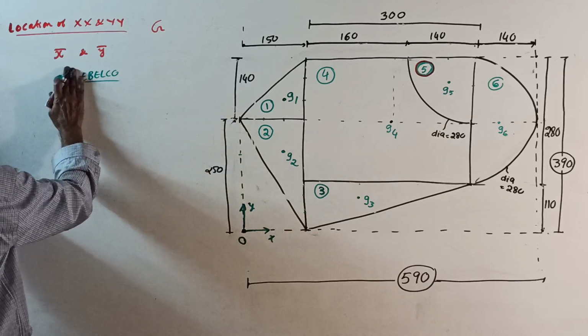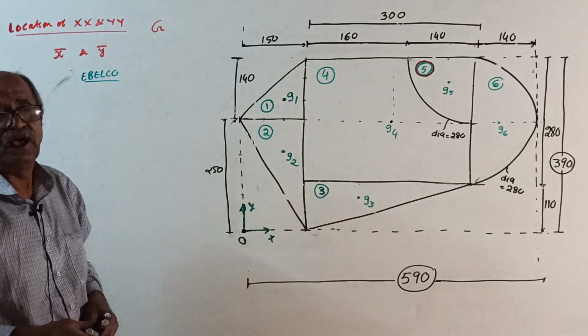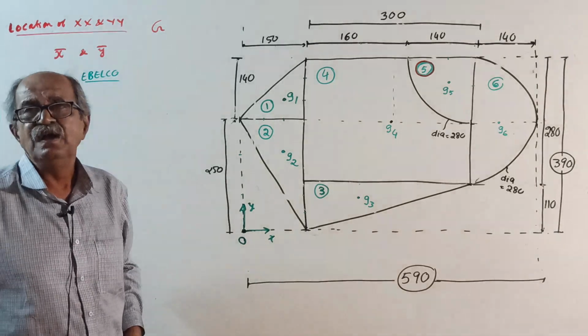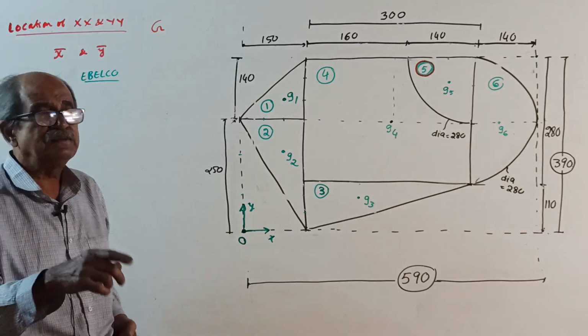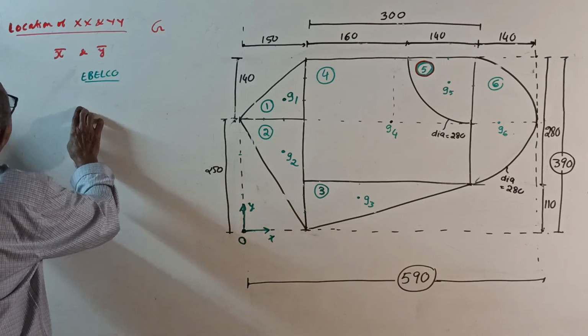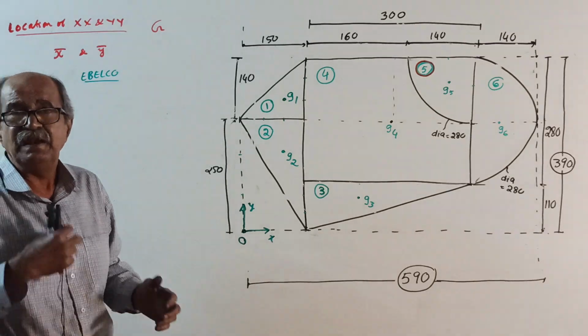I will not tell for x bar y bar, we will go for Abelco. If somebody asks what Abelco means, my class is not for you. It is crystal clear, told earlier. This origin we will take. With that origin, I will prepare the table and then explain better.